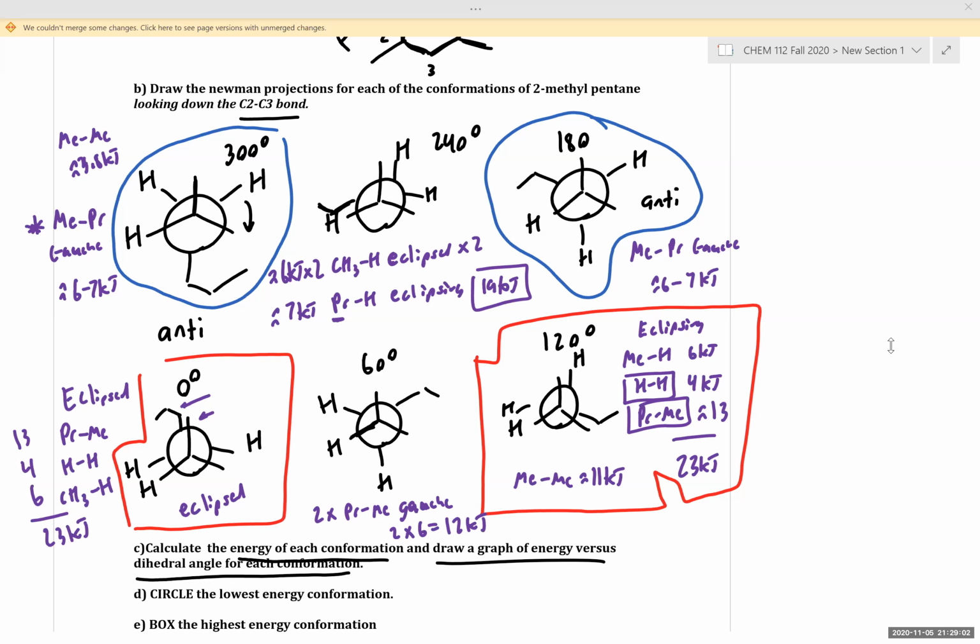And 0 degrees typically refers to 0 degree dihedral angle between the two bulkiest substituents. Does that answer that question? Perfect. So in general, the highest energy conformation will have your bulkiest substituents eclipsed. The lowest energy conformation will have your bulkiest substituents anti to each other.